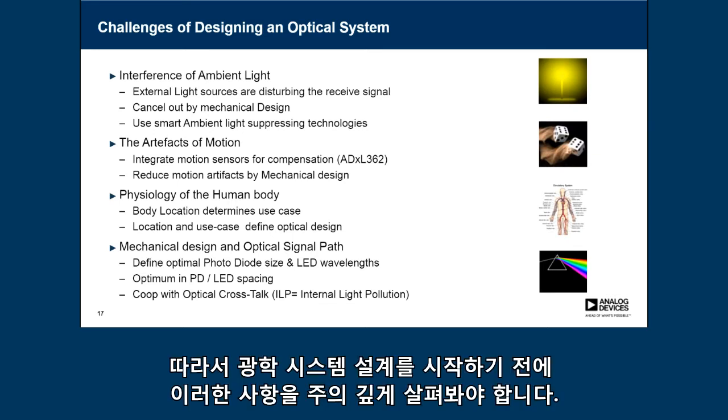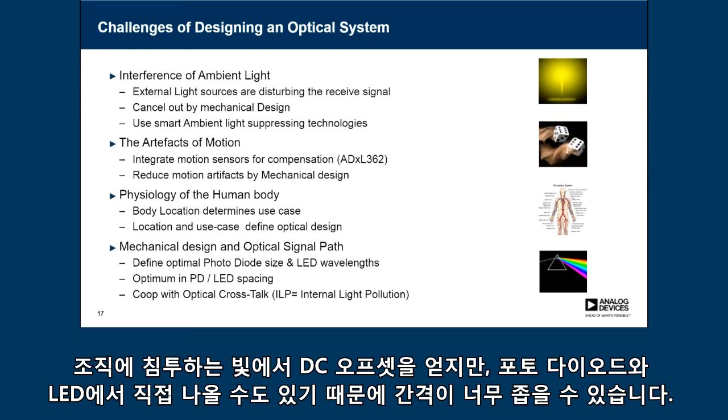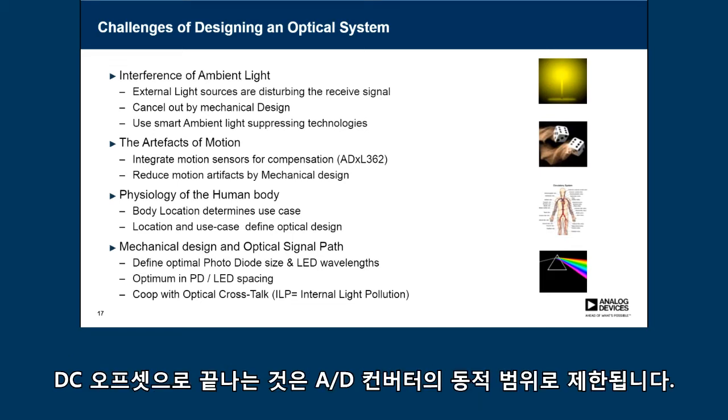So that's something you need to look into carefully before you start to design an optical system. In some circumstances the spacing is also important since, if the spacing is very tight, you get a DC offset coming from light that doesn't penetrate the tissue, but comes from the LED straight onto the photodiode, which ends up as a DC offset, and this will limit you in the dynamic range of the A to D converter.